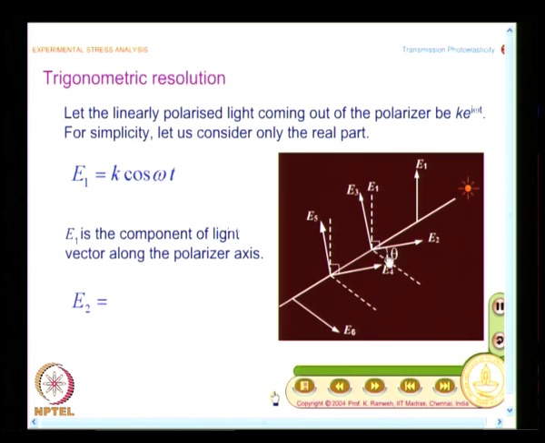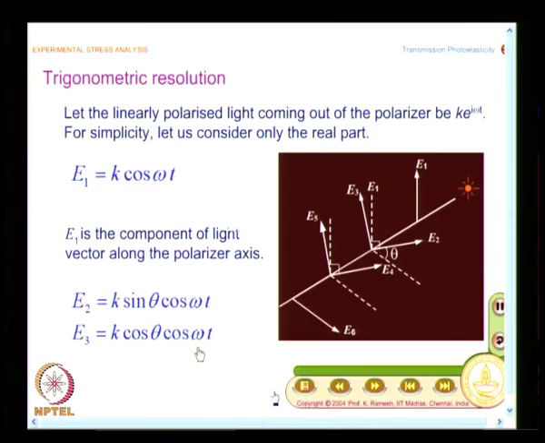Because of this orientation, this is 90 minus theta here. So, I will have a component passing through E2 and another component passing through E3. Essentially the amplitude will change. So, I have E2 as k sin theta cos omega t and E3 as k cos theta cos omega t. It is fairly simple.